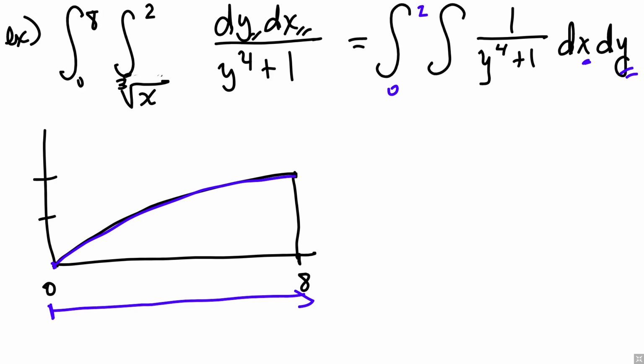The curve is defined as y equals the cube root of x. If I solve for x, x is equal to what? y cubed. So the lower value of x is 0, whereas the upper is y cubed.